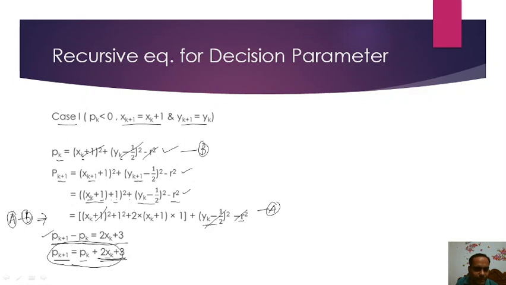Adding this is quite easier than calculating pk every time using the complex equation. So this equation pk+1 = pk + 2xk + 3 will give you easy calculation of the decision parameter from the earlier value.